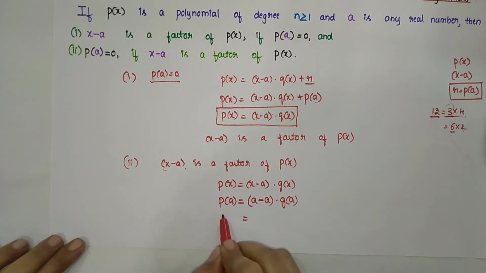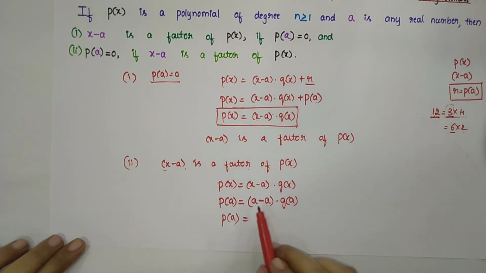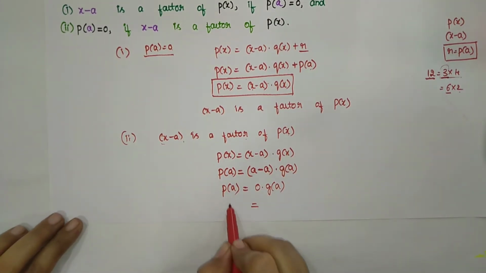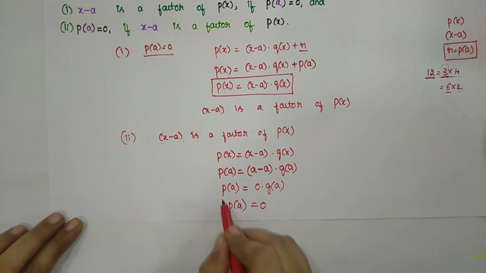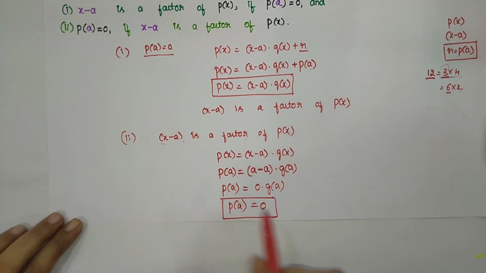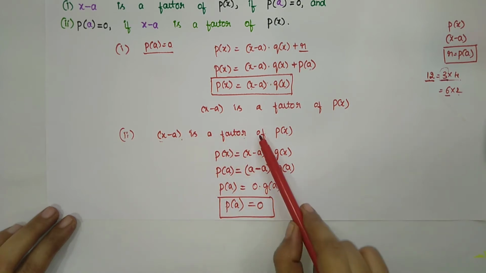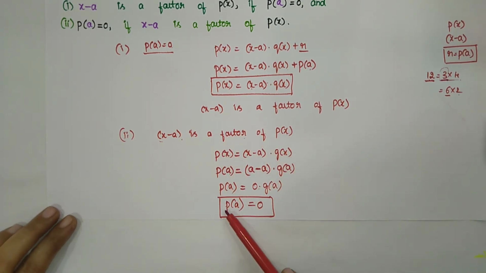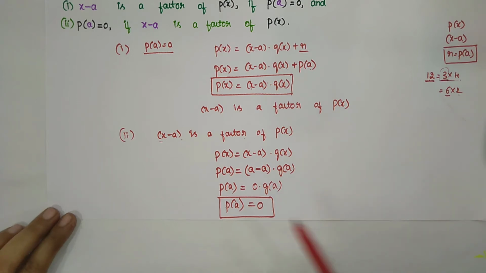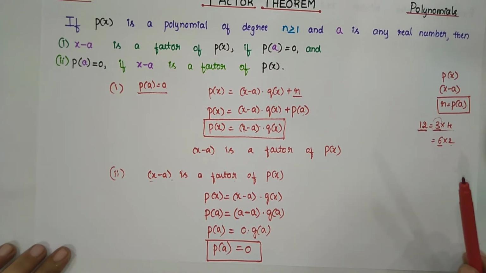So p of a is equal to, a minus a is 0, and 0 into any value is 0. So p of a is equal to 0 into g of a, which is 0. That is, when x minus a is a factor of the polynomial p of x, p of a is equal to 0. This is what the factor theorem states.